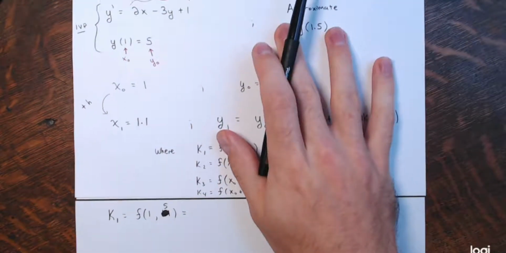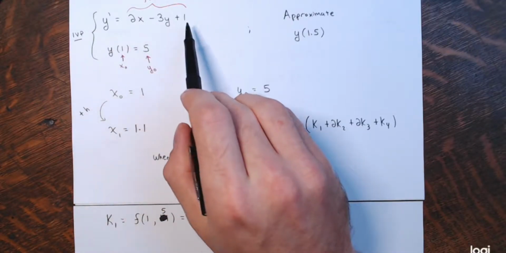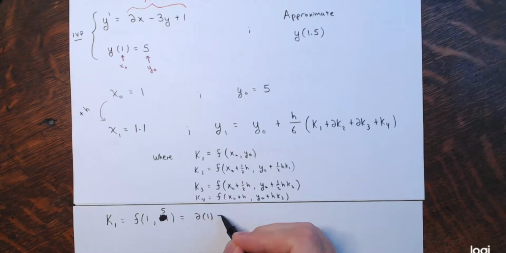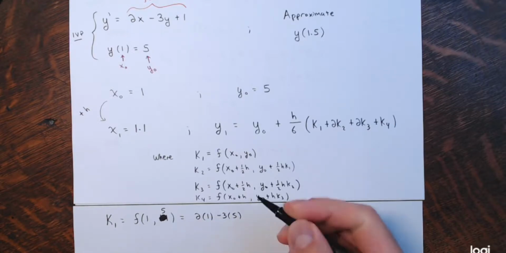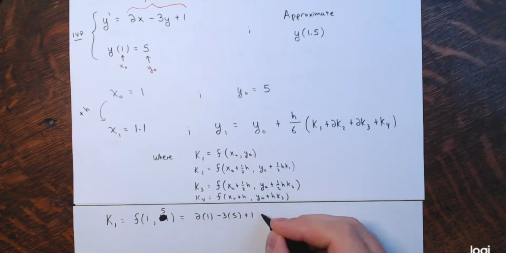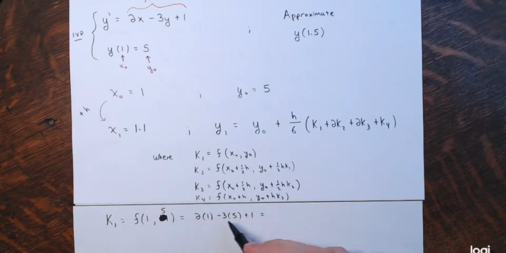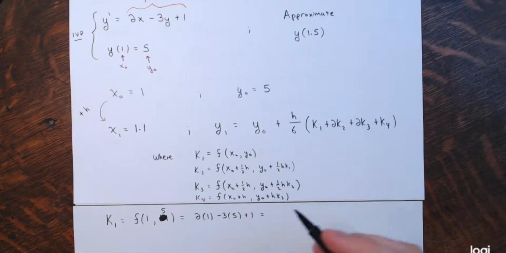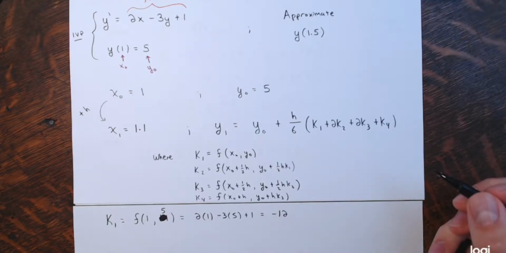So again, the function f here is 2x minus 3y plus 1. So this is 2 times 1 minus 3 times 5 plus 1. So k1 is negative 12, right, 2 minus 15 plus 1.